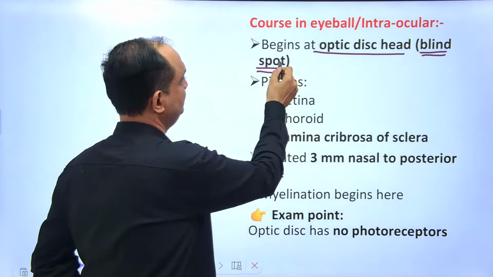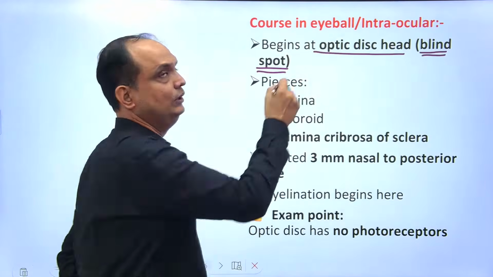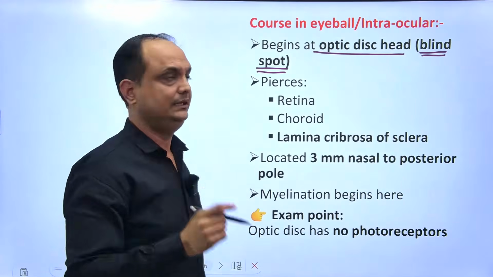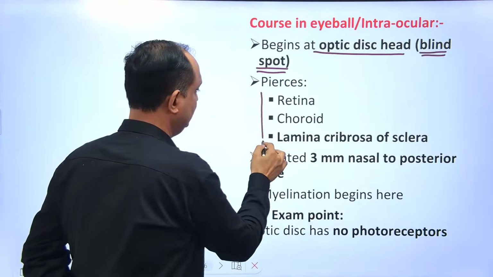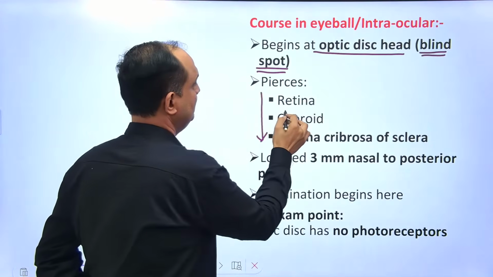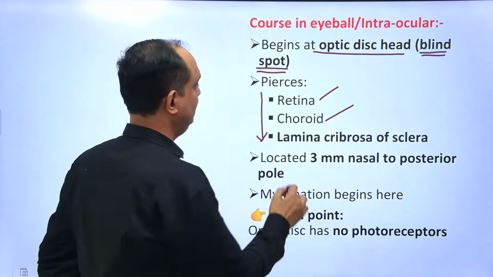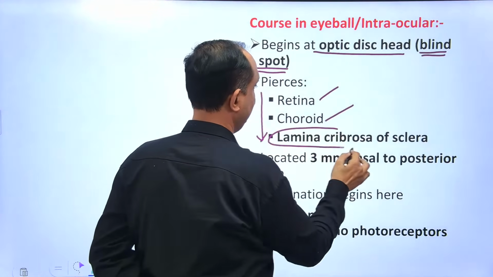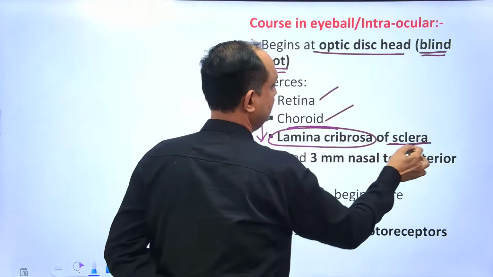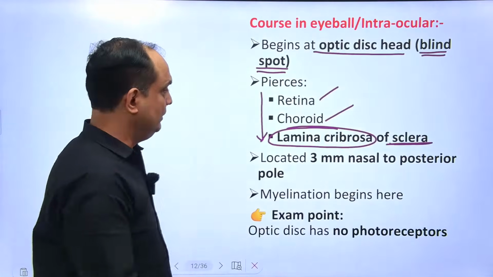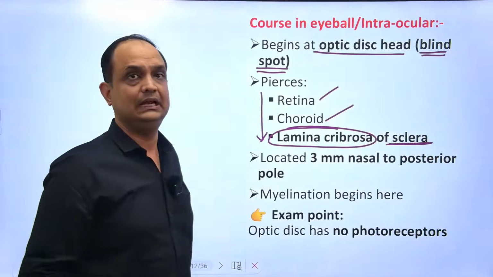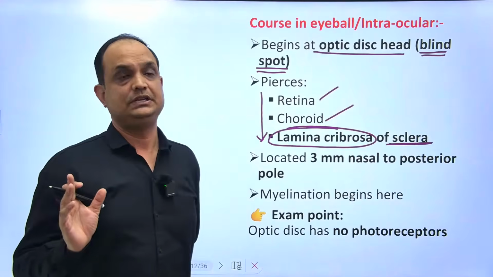From this point, the intraocular fibers, which are unmyelinated, pierce all three layers. First they come out from the retina, then they pass through the choroid, and ultimately they puncture the lamina cribrosa which is present in the sclera.